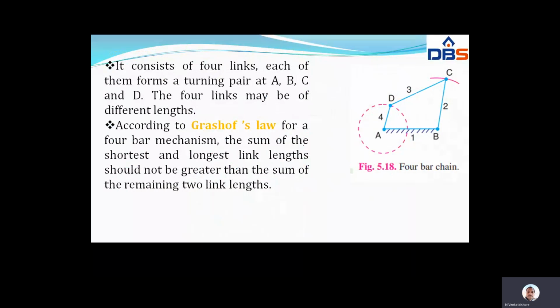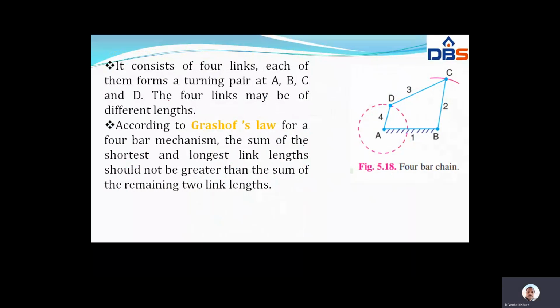According to Grashof's law, for a 4-bar mechanism, the sum of the shortest and the longest link lengths should not be greater than the sum of the remaining 2 links.